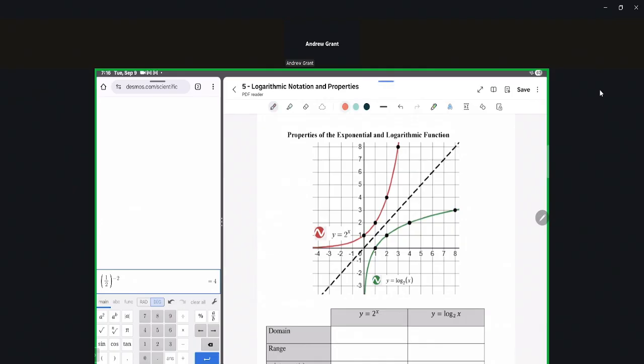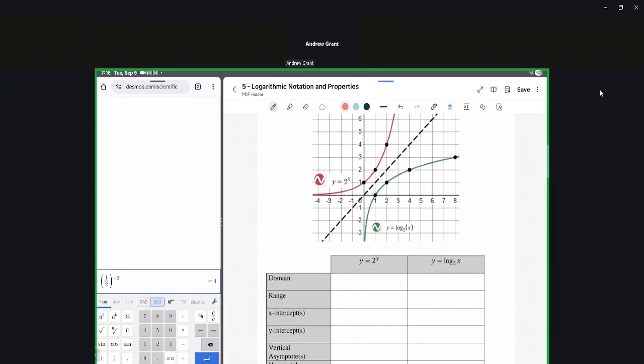For example, this point up here happens to be the point (3, 8). If you say 2 to the power of 3, that does equal 8. So we know that's going to work. And we're going to be talking about the inverse function, which is y is equal to log base 2 of x.